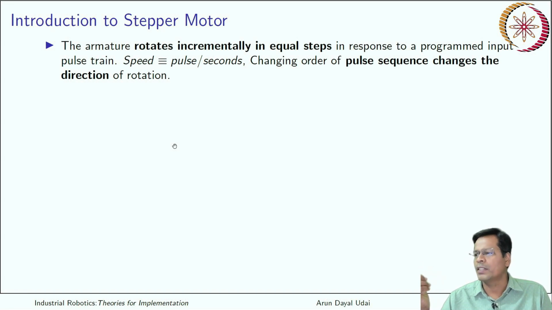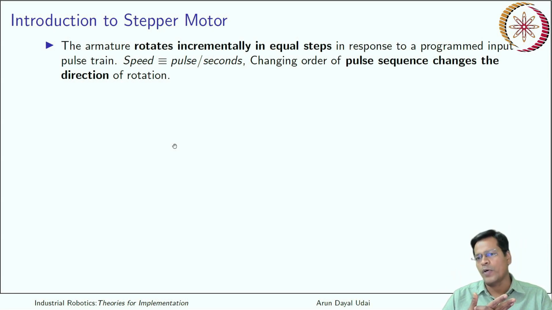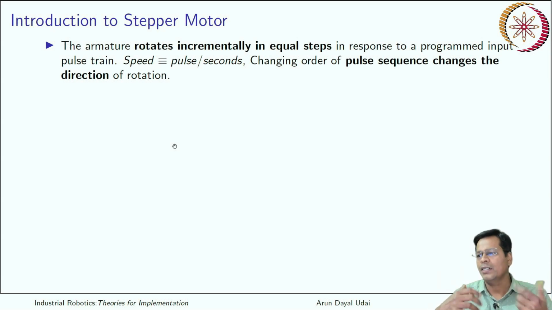They are electrical motors which can move incrementally in steps in response to a programmed input pulse train to its wires. It has 4 wires or 5 wires depending on the type of stepper motor. All the wires will carry electrical pulses, and the level of the pulses will be as high as the driving voltage of the motor itself.